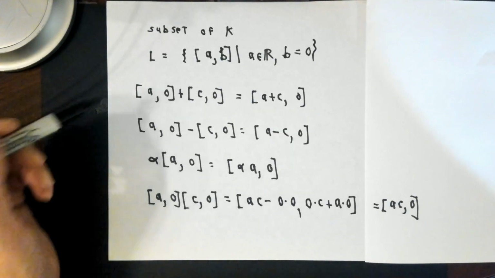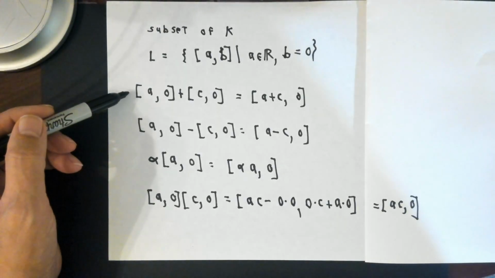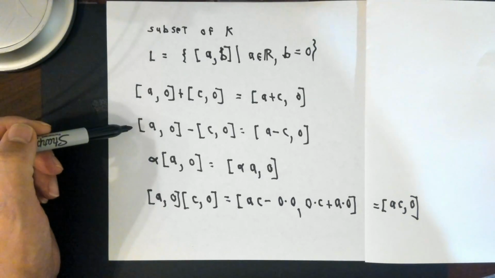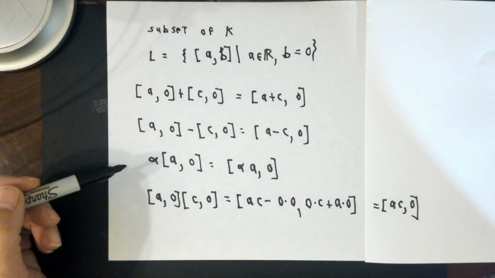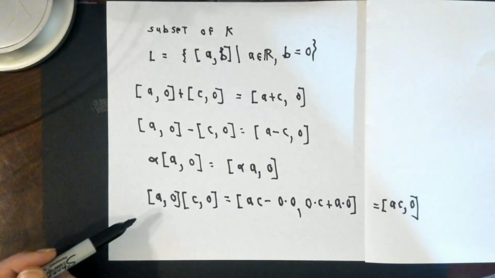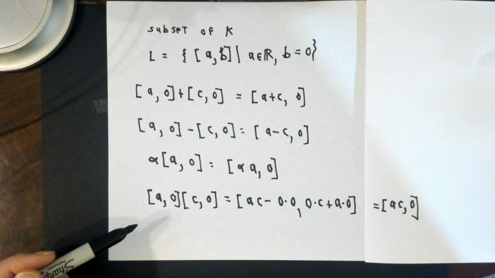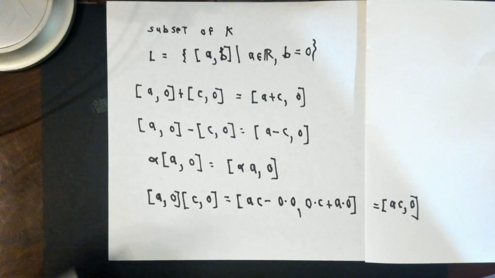When I add two things out of L, I just add the real numbers in the first position. Here, I subtract. Here, I multiply the first position by alpha. Here, I multiply the first positions together. This is exactly how real number arithmetic works.